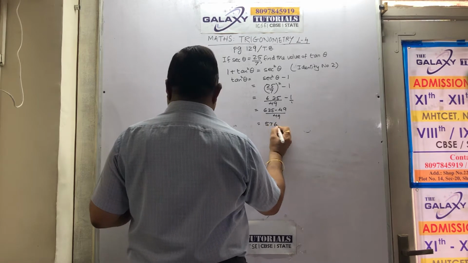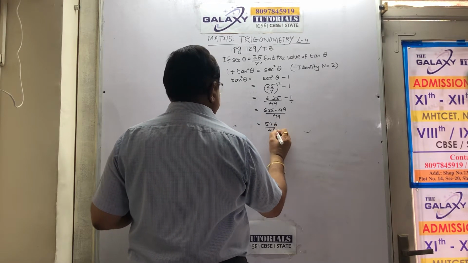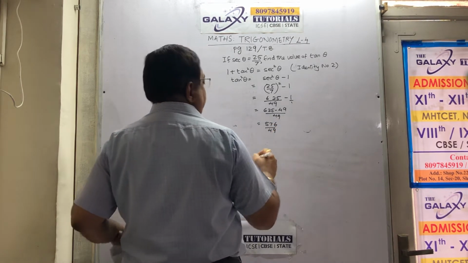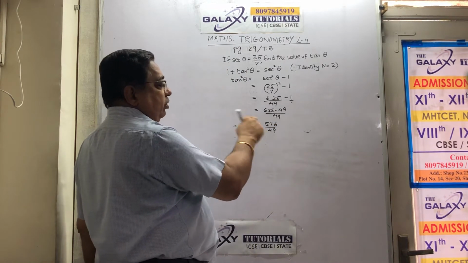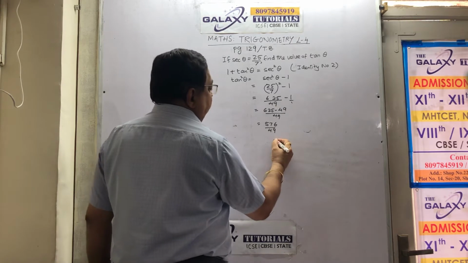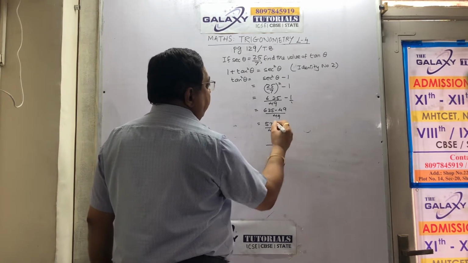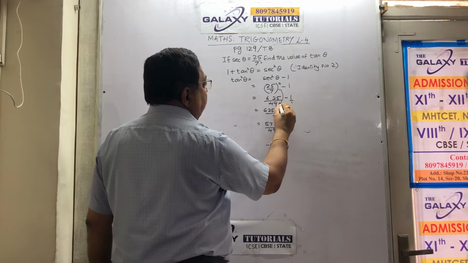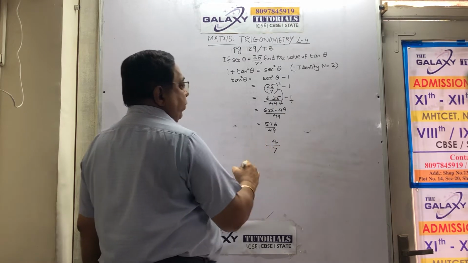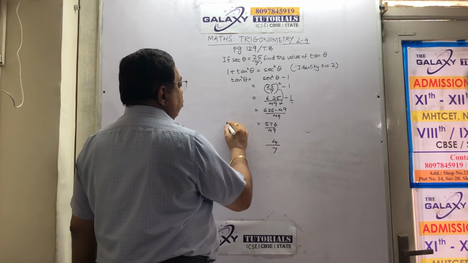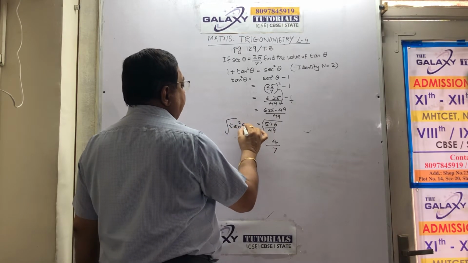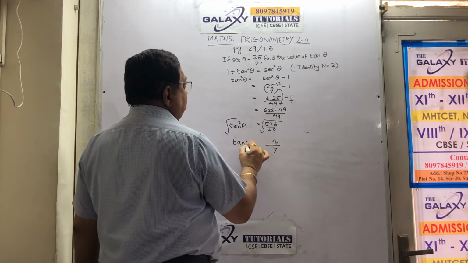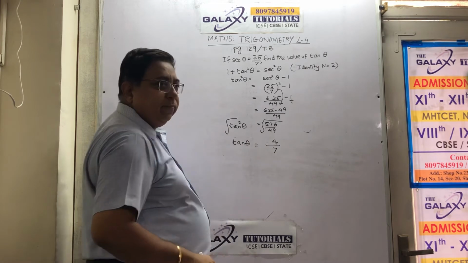576 upon 49. Now, as you very well know, I'm going to take the root. 24 times 24 is 576, so I need a 24 here. 49 I already know is 7. I'm not going to waste time and I'm going to take out square roots, so that I get tan theta directly, because I need tan, I don't need tan square.